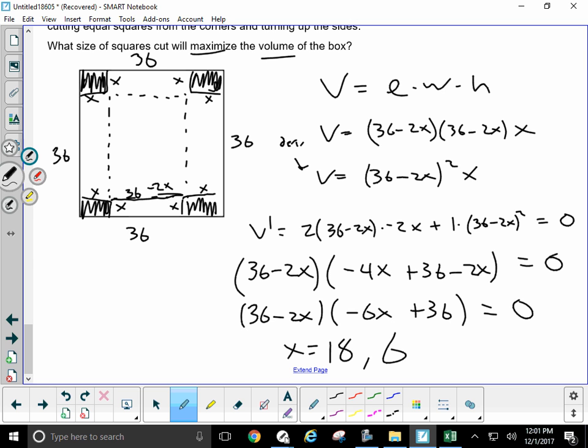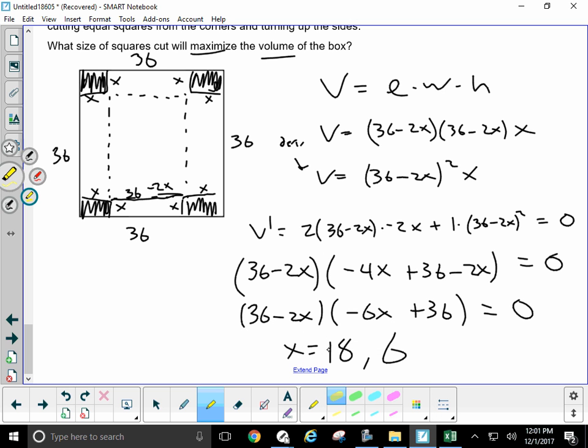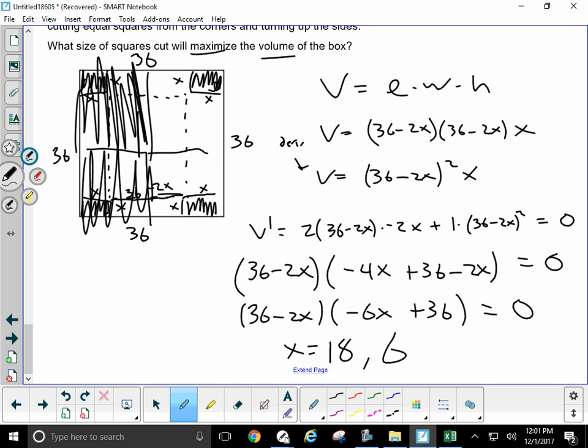Only one of these will make sense when thinking about producing a maximum volume. Discuss with your neighbors which one do you think is correct, the bigger number, 18, or the smaller number, 6? If you cut out squares 18 by 18, you are cutting out essentially the entire paper, which ends up producing a minimum volume because you really don't even have a box.